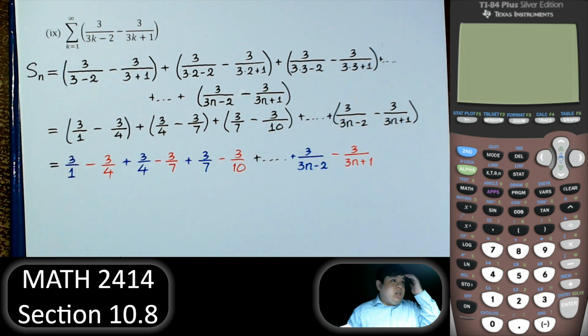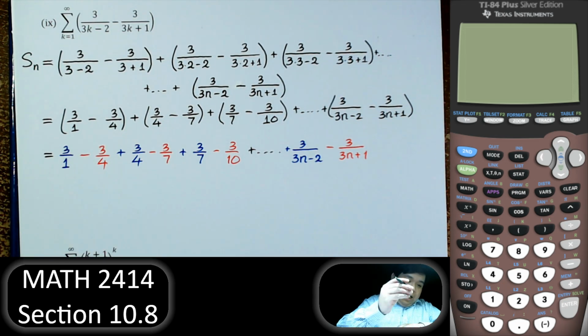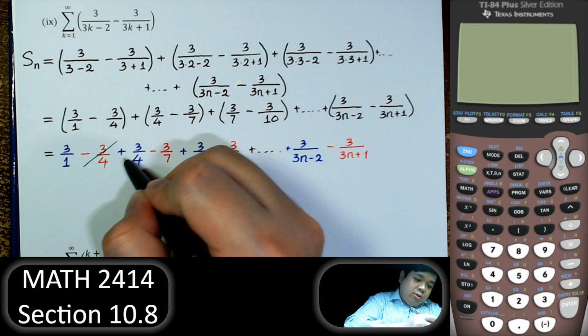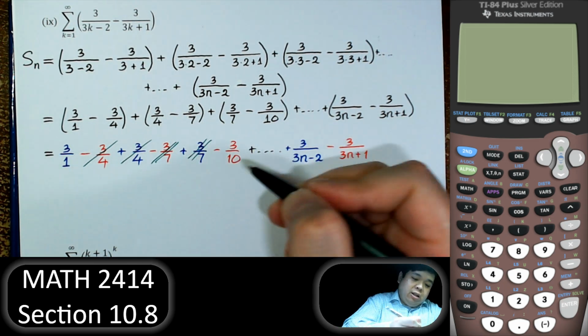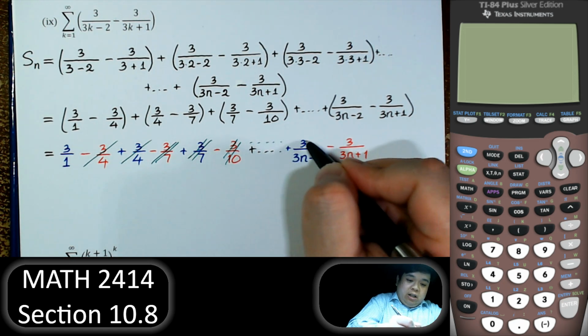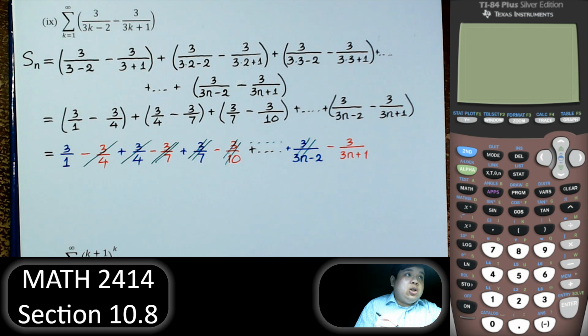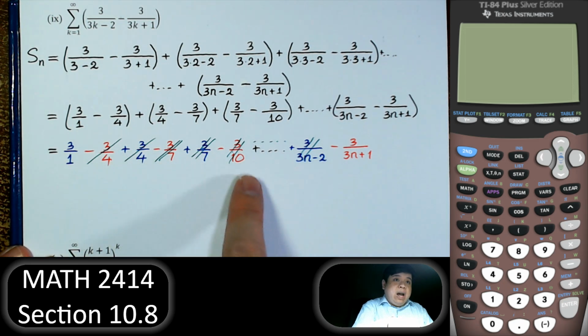When we learn about telescoping series, we actually use dominoes to help us visualize this. So now we see that this cancels with this, that cancels with this, and this will cancel with the next one, and essentially it will cancel with this one too. Think about this: each term has a plus and a minus. Everything cancels out.